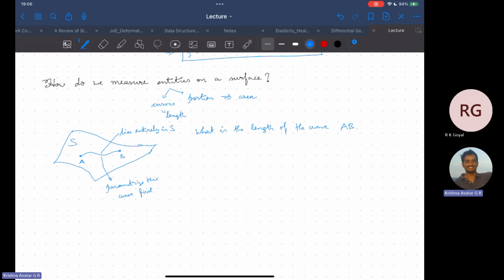And recall we had defined the length of a curve in our first lecture. So given a curve, let me just reproduce it.